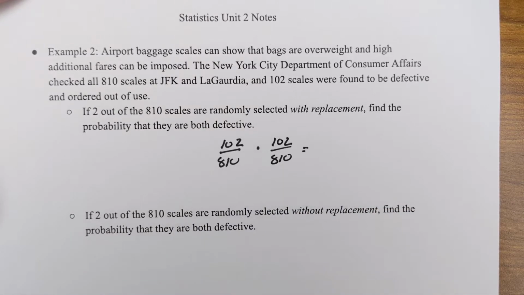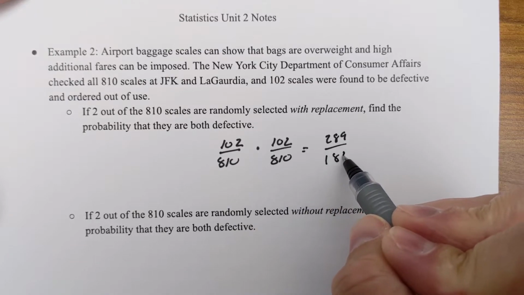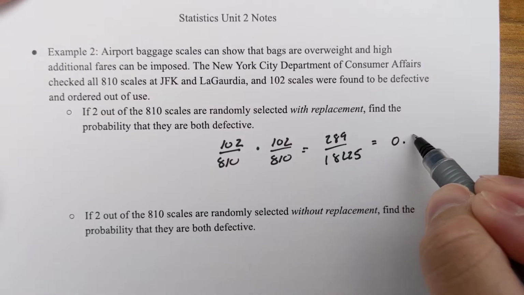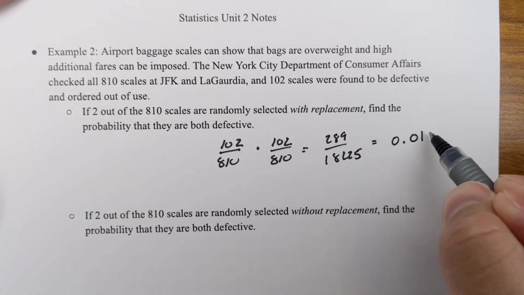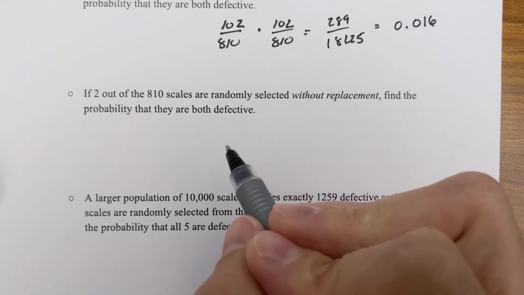So this is the same thing as 102 out of 810 squared, which is 289 over 18225, which as a decimal is 0.016.